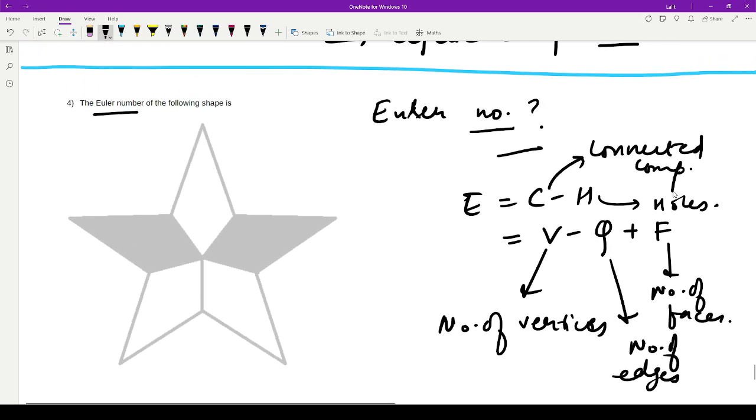So given this definition, we can very easily solve it. Not much to discuss. How many vertices do we have? One, two, three, four, five, six, seven, eight, nine, 10, 11.